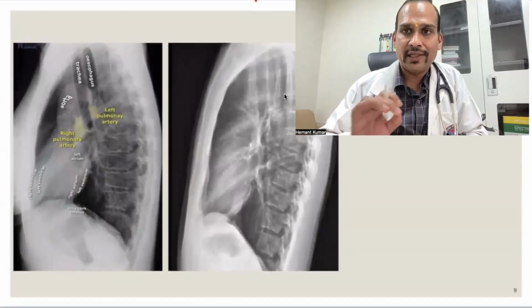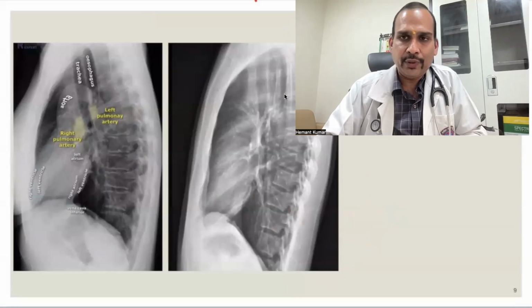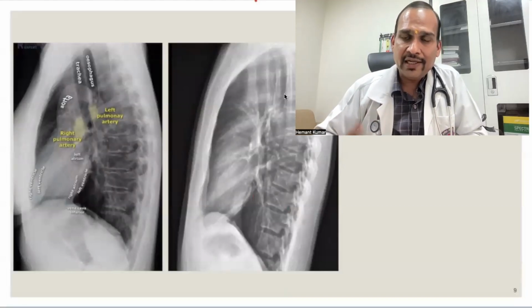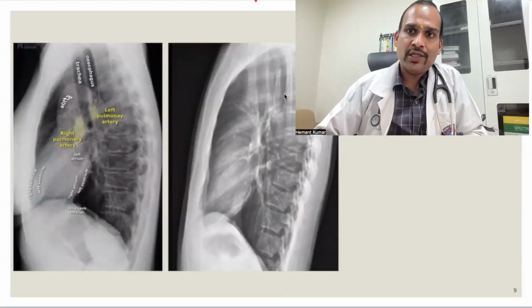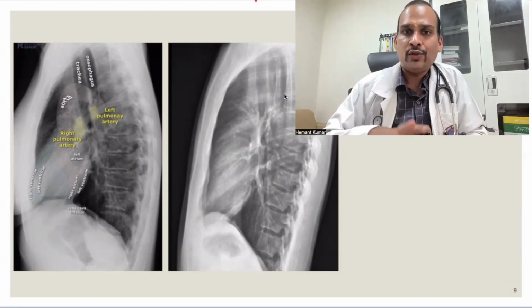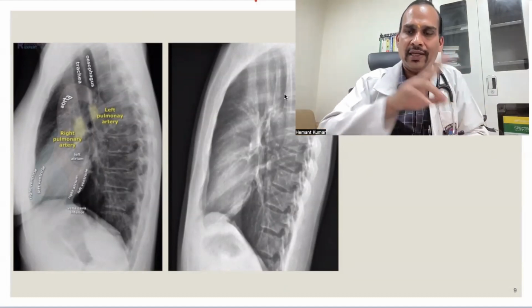Now coming to lateral X-ray. Though we are not getting it frequently, we should know the basic things to see in a lateral X-ray. If you combine PA view and lateral X-ray, then you can have a 3D view of an opacity. So if you want a 3D look, then you have to combine both PA view and lateral view.